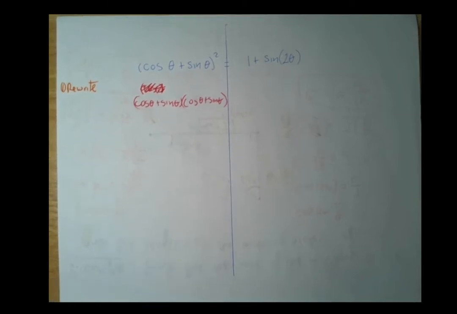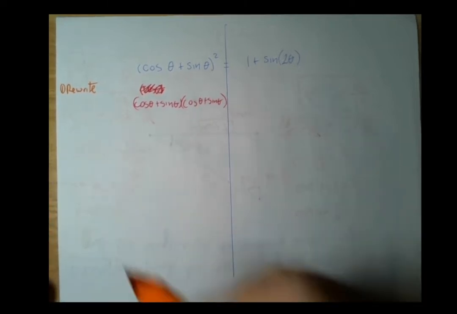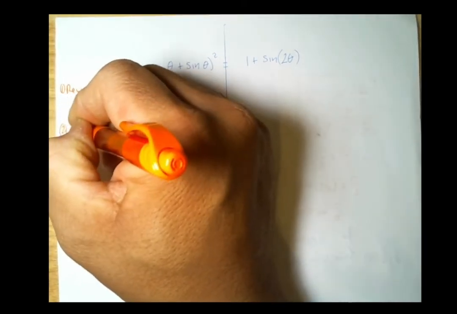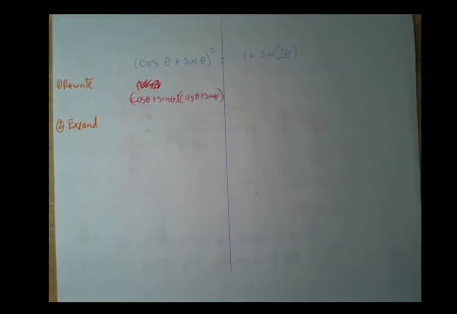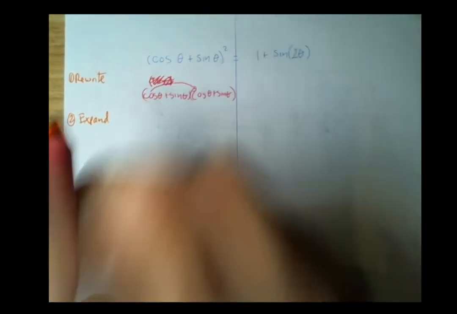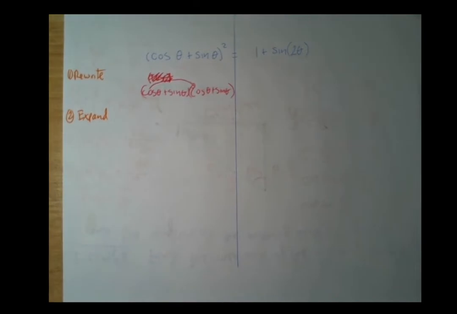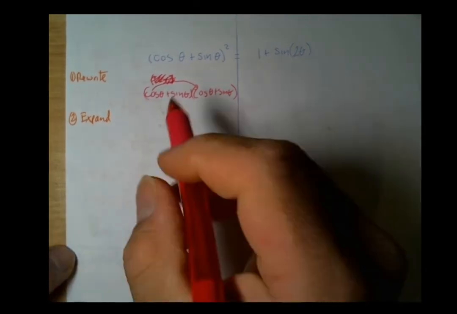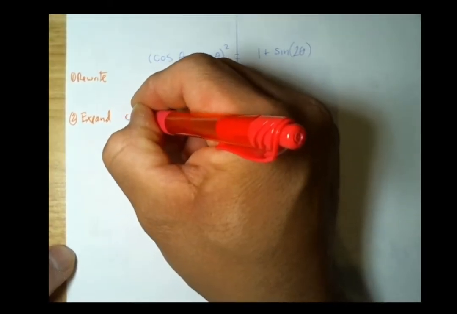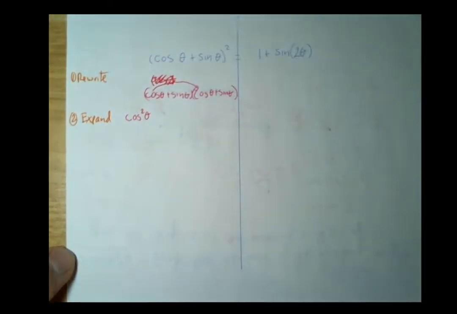Now I'll expand, or FOIL, or the distributive property, however you want to call this. When we expand, cosine theta times cosine theta is cosine squared theta.